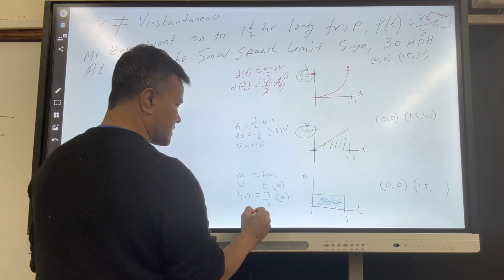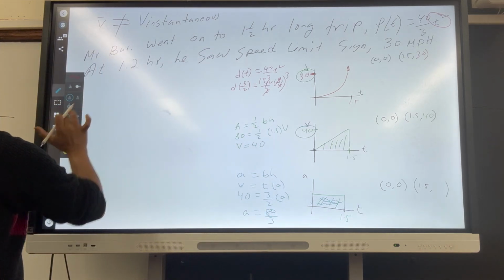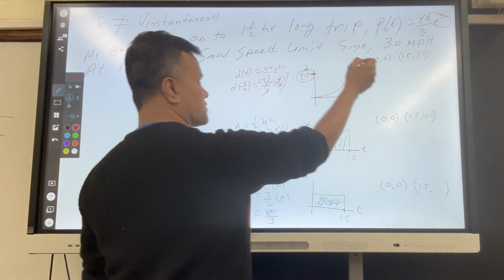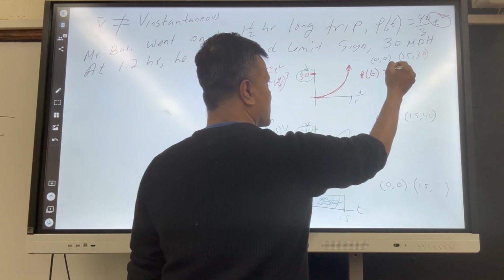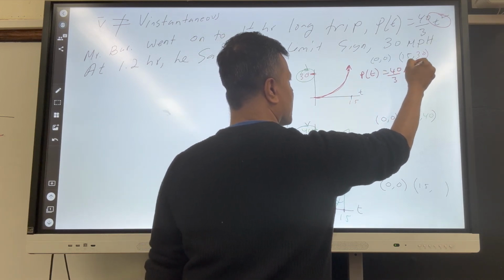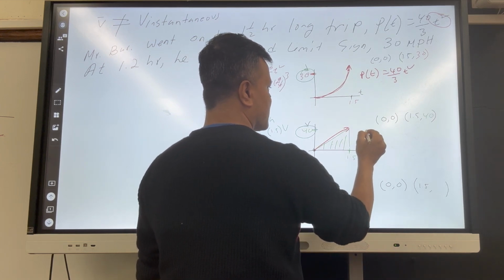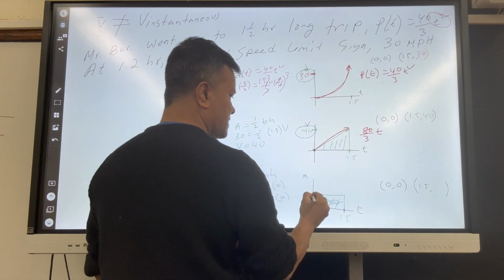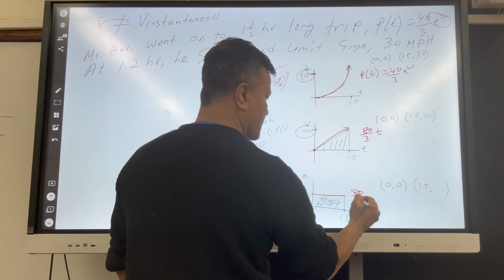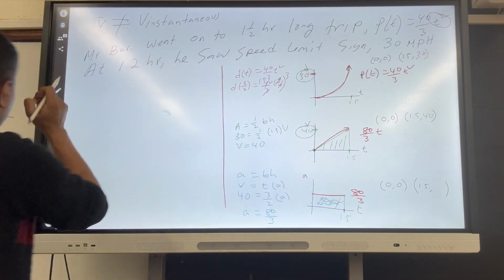So a is 80/3. Okay, good. Now we should be able to write those equations. The equation for this line is d of t equals 40/3 t squared. The equation for this line is 80/3 t, and the equation for this line is 80/3. Okay, great. We have everything so far.